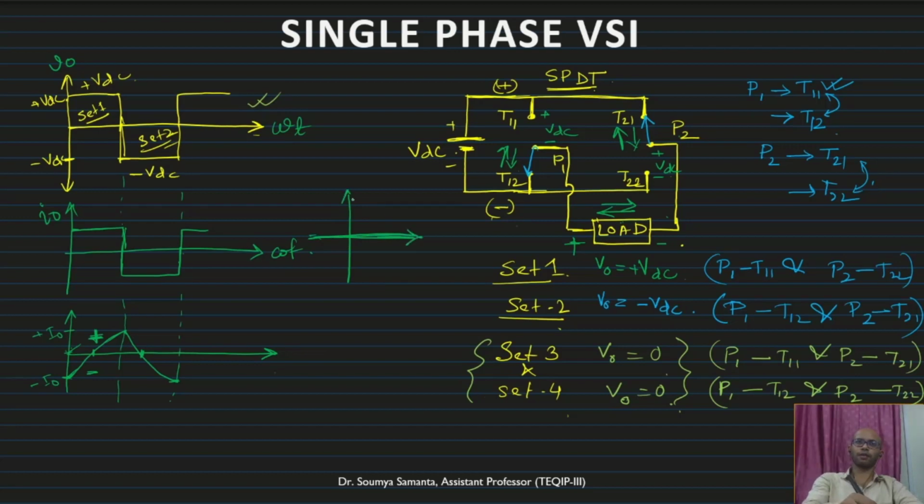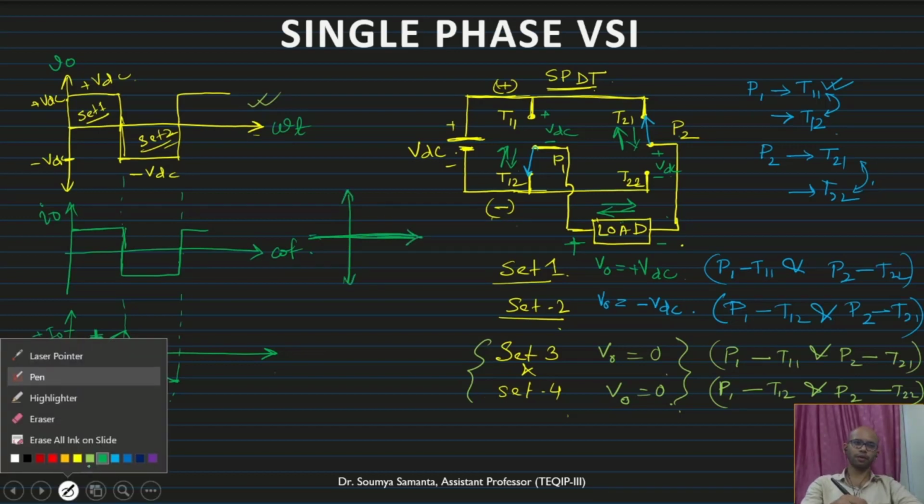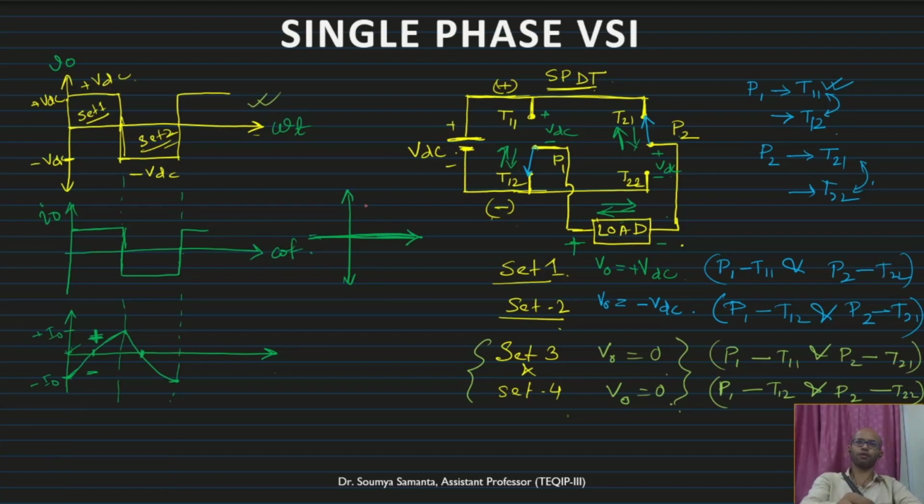So if I draw the characteristics of the switch, this is the voltage blocking, it is blocking the positive voltage only, and conduction is both ways, so this is V, this is I. So these are the characteristics the switch possesses.